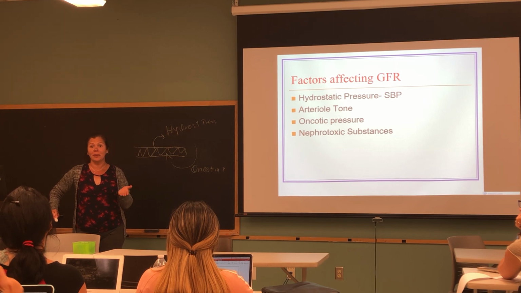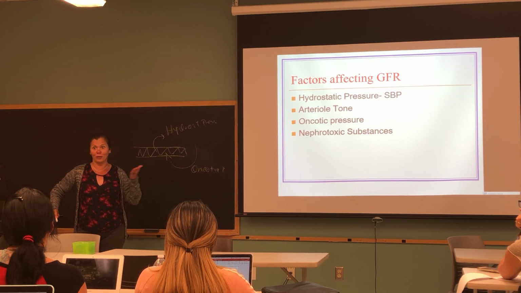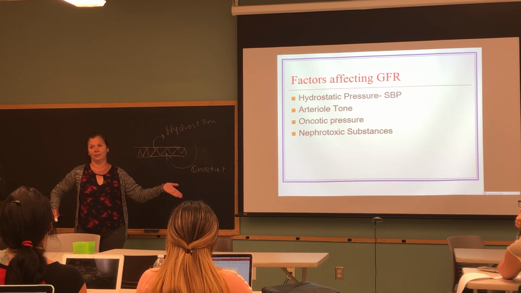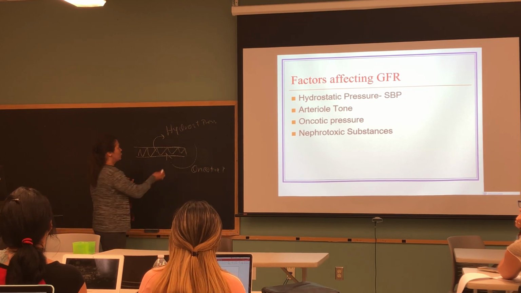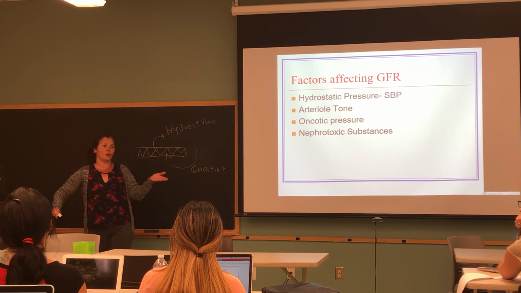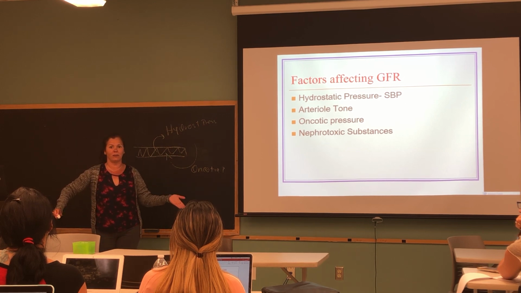So it makes sense that the main etiological factor that increases hydrostatic pressure is hypertension. The higher the pressure, the higher the hydrostatic pressure, the higher the volume that goes to the outside, the more edema. But in addition to hypertension, also disease processes that are consequences of hypertension.